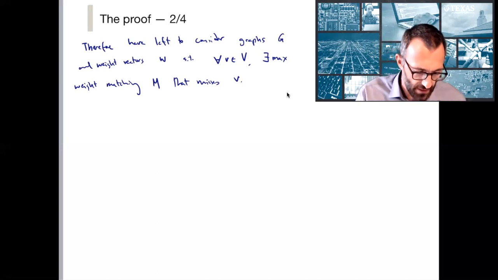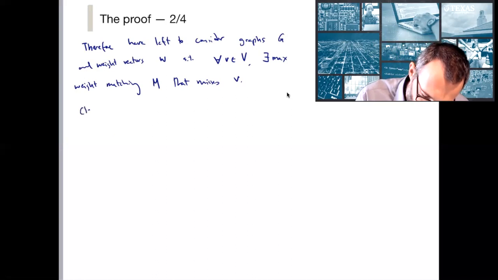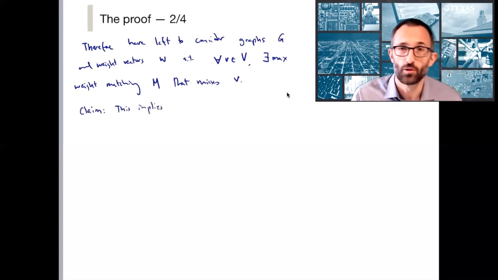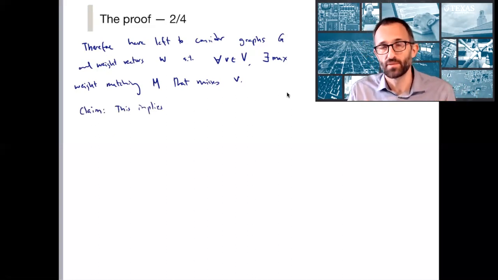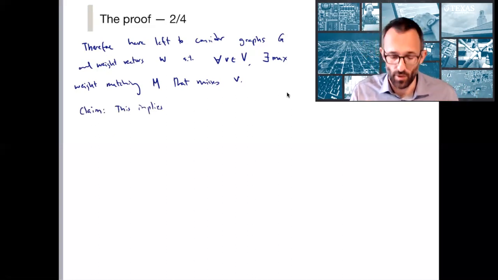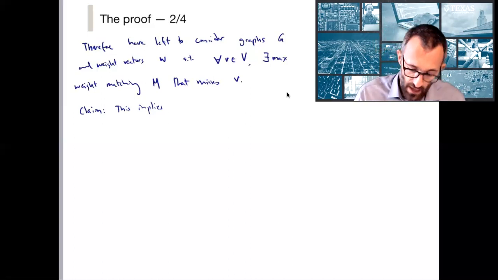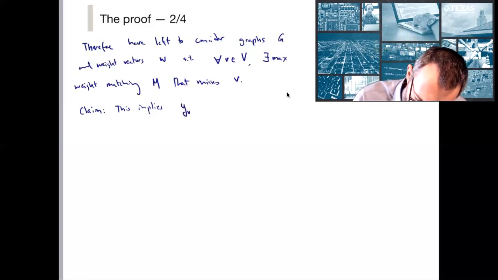So the claim is that this implies, remember our dual variables were y, I had y_v for every vertex, and then z_U for every odd size subset of cardinality greater than or equal to 3. This implies that y_v is equal to 0 for every v.